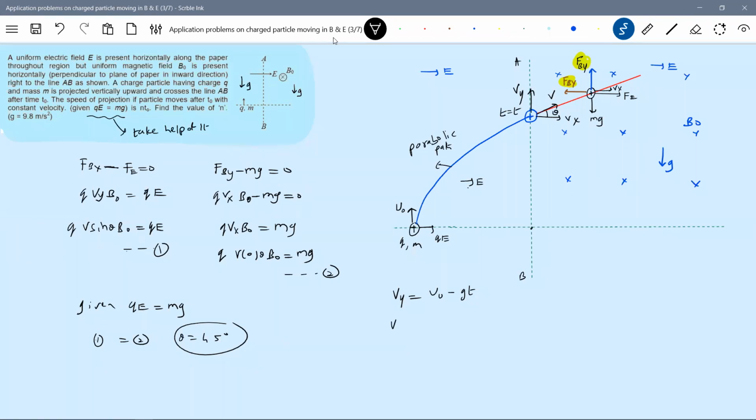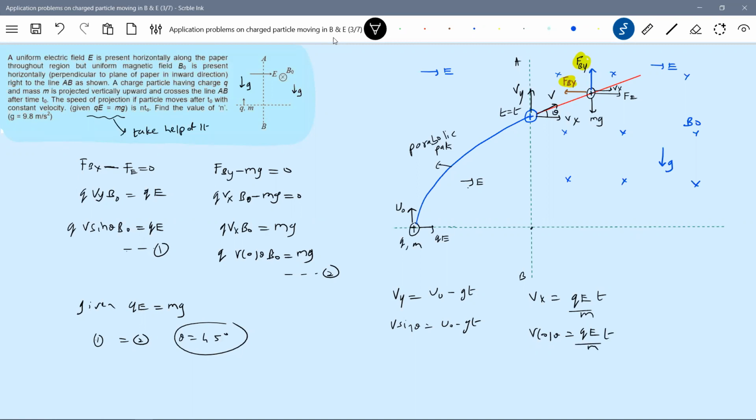We can assume it to be V sine theta. What about Vx? Vx is equal to acceleration qE/m into t. So Vx equal to V cos theta.